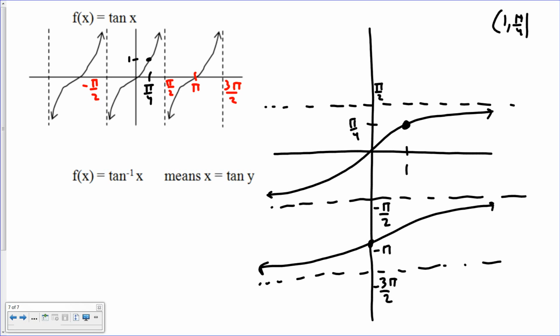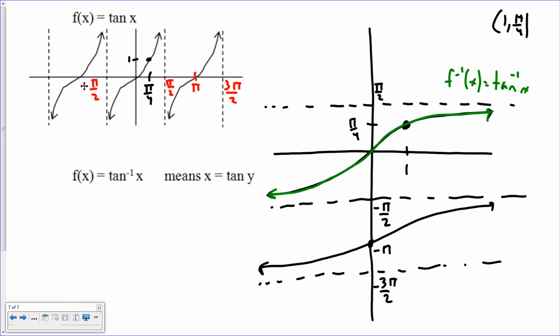How do I limit this? I am going to create the inverse function. How do I create it? This right here is going to represent the inverse tangent function. Each x has one y. Notice what happens.